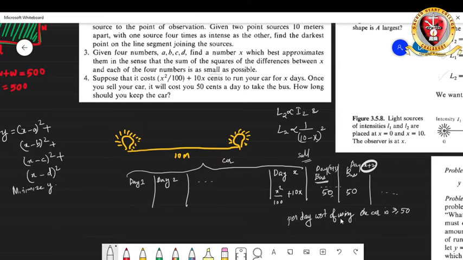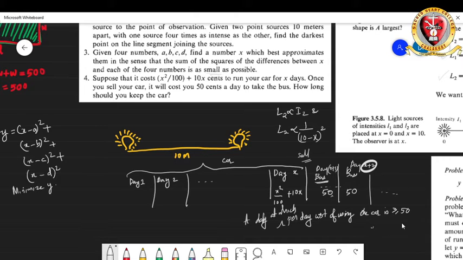Okay, if you have a day at which the per day cost of using the car is greater than or equal to 50, then you stop the car then and there and sell the car, because from then on you understand that it will cost you more than 50, right?